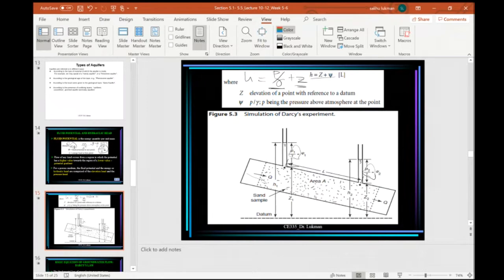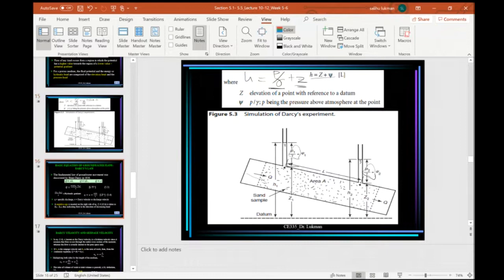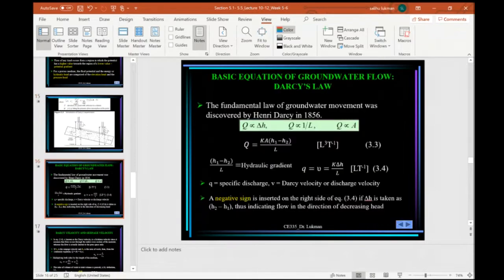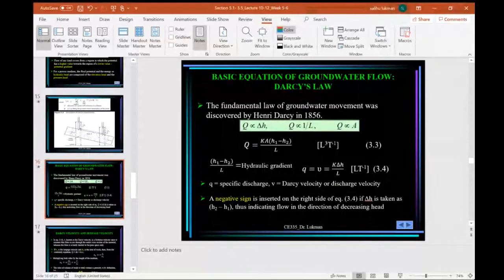Now, Darcy made the following observations, which I will explain in the next slide. Basic equation of groundwater flow, Darcy's law. The fundamental law of groundwater movement was discovered by Henry Darcy in 1856.